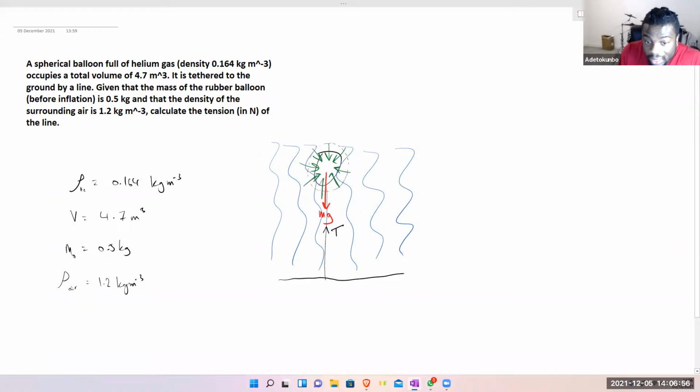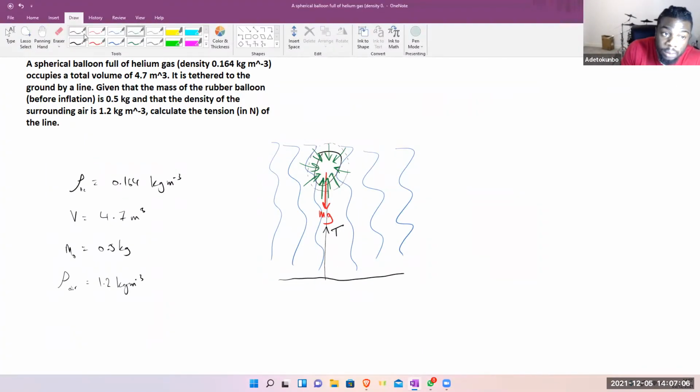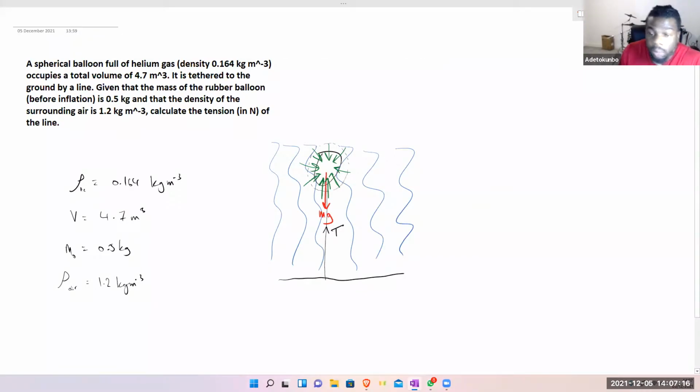But the only lines that we care about are the ones going straight up, that are directly counteracting gravity. So the first thing that we should probably write is the quote unquote weight of the balloon, using the Archimedes Principle or buoyancy.